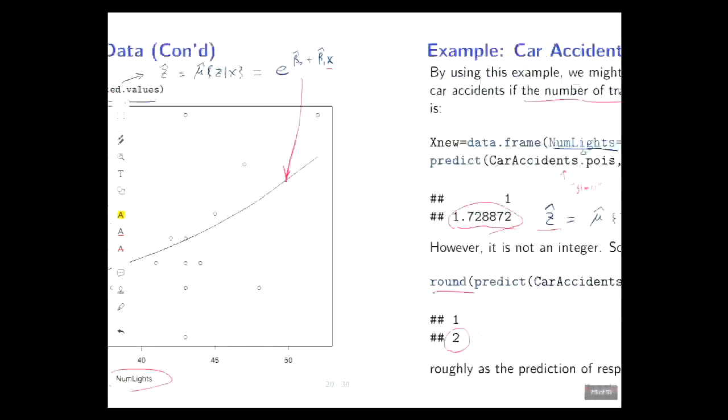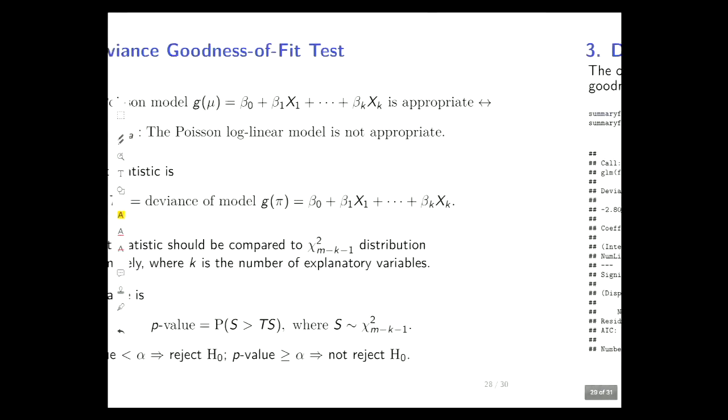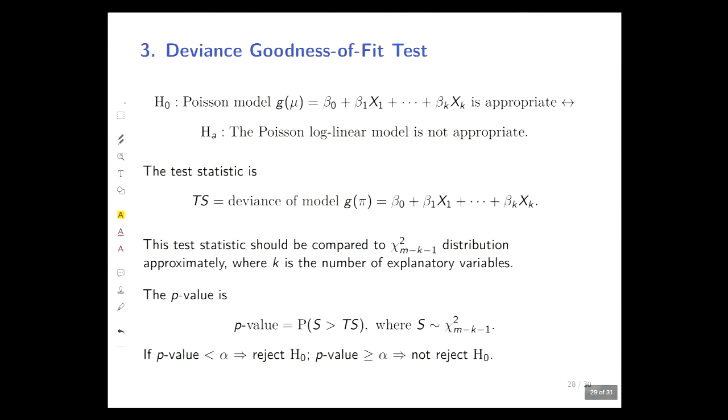And what I can tell you here is that in this deviance goodness of fit test, even though we only write down the generalized linearity assumption, it's not that accurate.